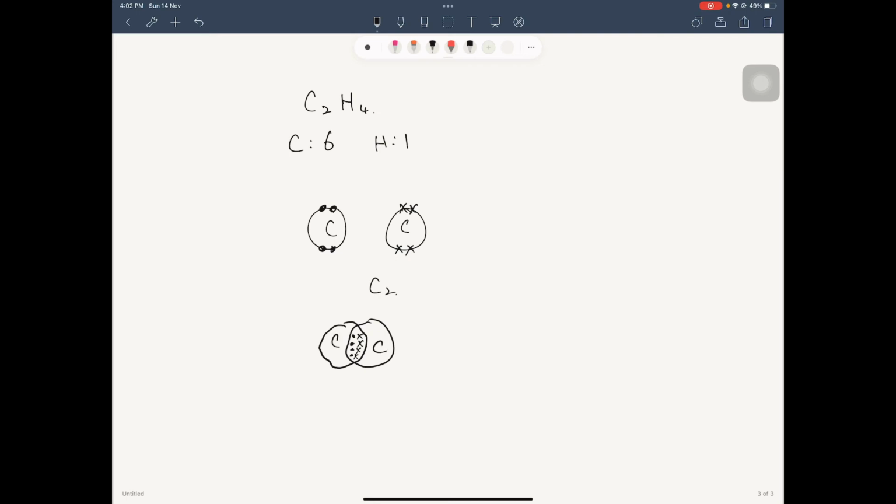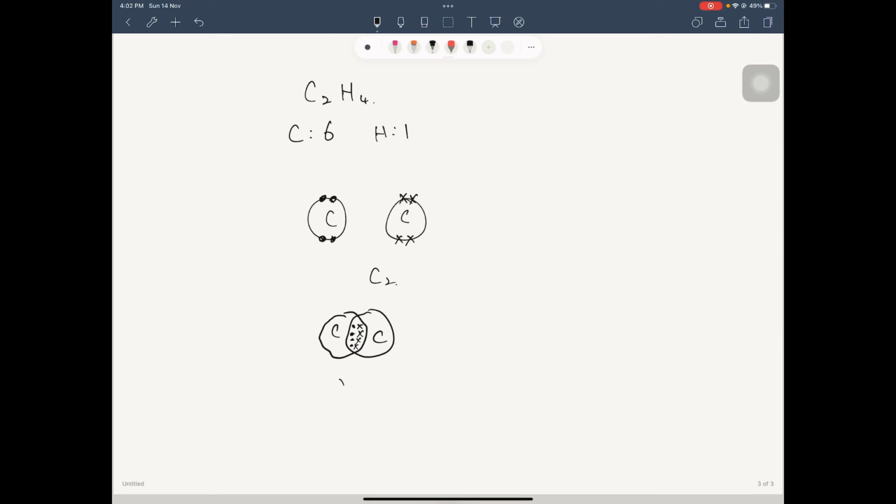Carbon, carbon, with a quadruple bond, and that will leave this molecule with no extra spaces for the hydrogen atoms. So this particular configuration is not the one that can be found in the C2H4 molecule.